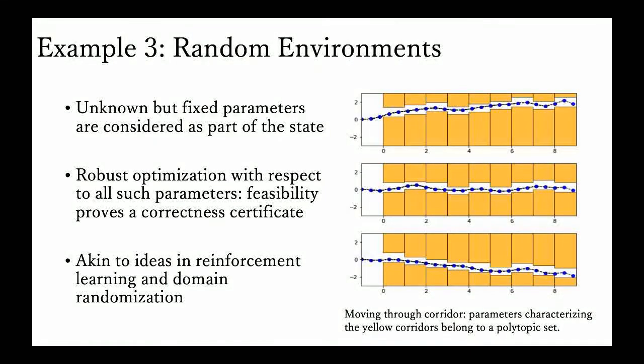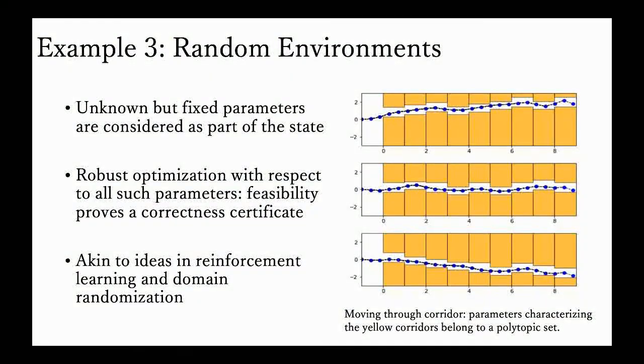As an example, here you see on that picture on the right, a corridor of yellow obstacles with a particle which has a double integrator dynamics in the vertical direction and moves in the horizontal direction with a constant velocity. Actually, in the vertical direction, there also exists some noise in the measurements of where these obstacles are. But the environment that generates these obstacles is mathematically characterized by a set of polytopes.